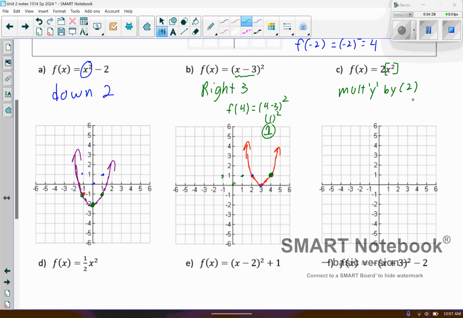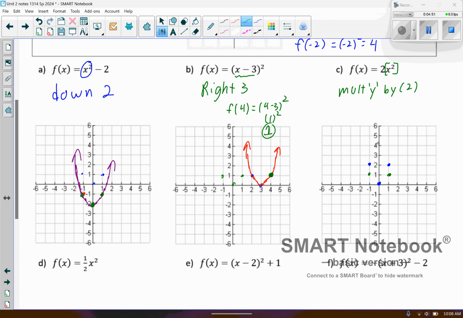Here are my original 3 points. The y value for these two outer points was 1, and we're going to multiply those y values by 2, so it's going to stretch those up to here. The vertex has a y value of 0, so 0 times 2 just stays right there at 0.